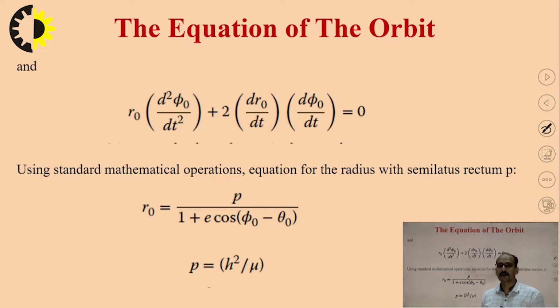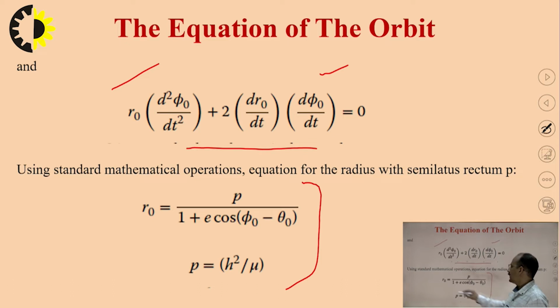So we convert that second order differential equation derived in the previous lecture into a polar coordinate system second order differential equation, and by solving it we get the equation of the orbit, in which r shows the orbital radius of the satellite, where p is the semilatus rectum, e is the eccentricity, and phi naught and theta naught are the angles of various locations. So this gives us the equation of the orbit.